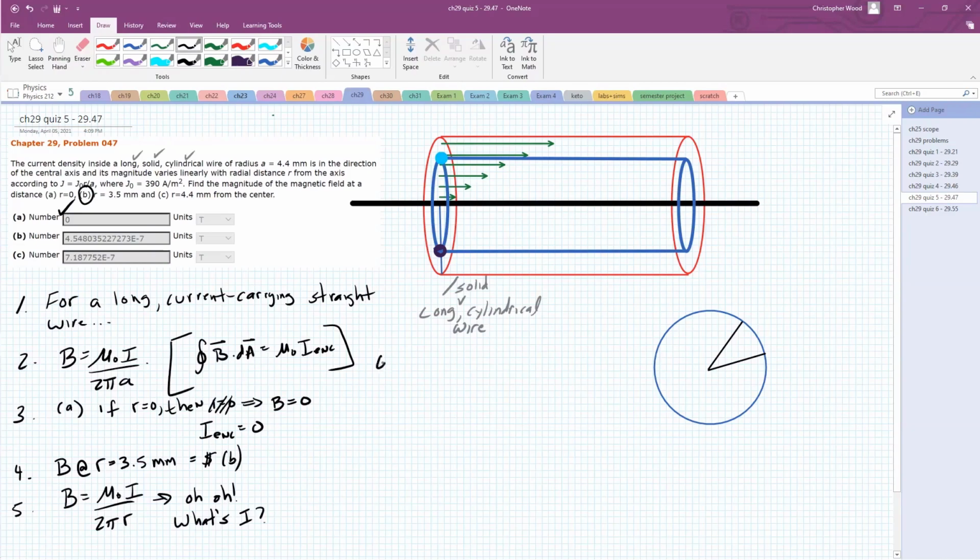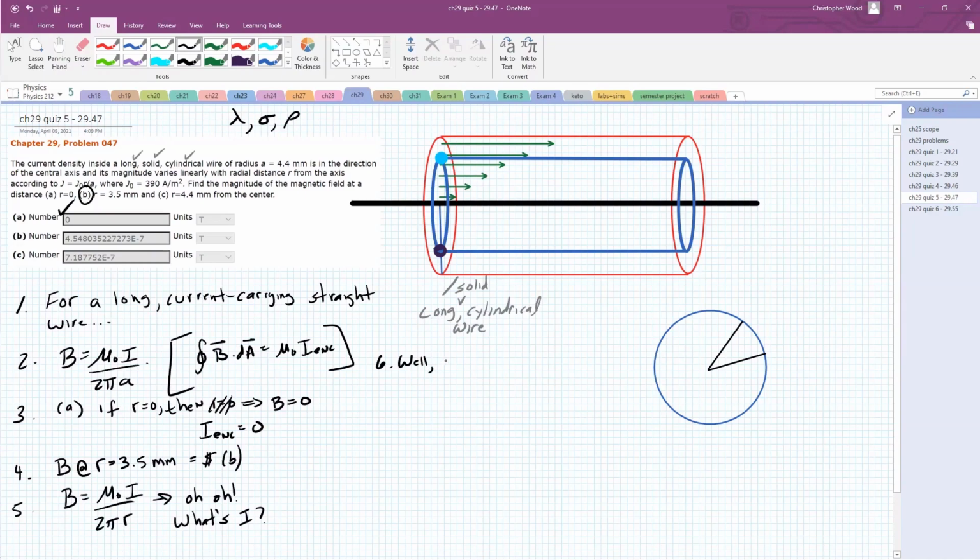Number 6, well, I know the current density. We've had linear charge density, linear densities lambda, surface densities sigma, and volumetric densities rho. So this is just another density. A density is just something per something.